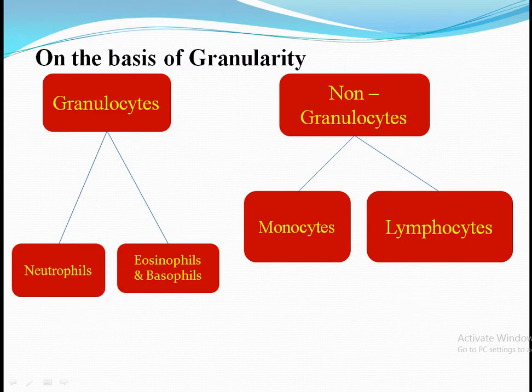In different ways, we can classify the WBC. They are of different types. Their nucleus size and the lobes of the nuclei are different. Some of them contain granules inside, some not. So, it is not a fixed classification.